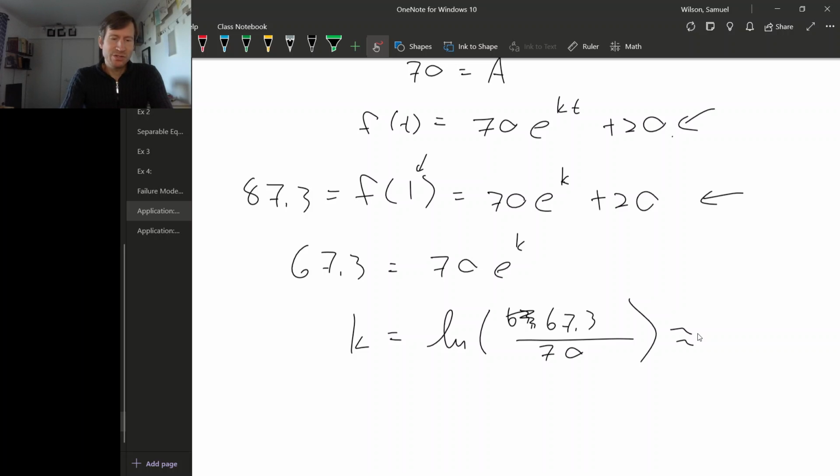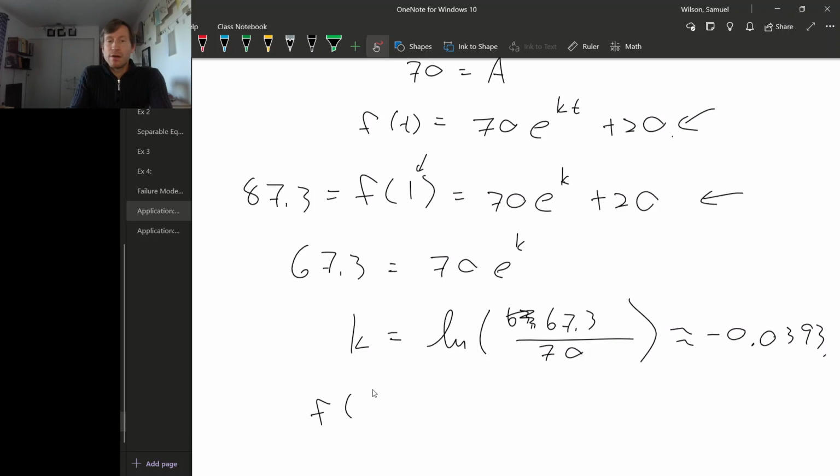If we want, we can put this into a calculator: natural log of 67.3 divided by 70. We get negative 0.0393, and change; there are more decimal digits, of course.